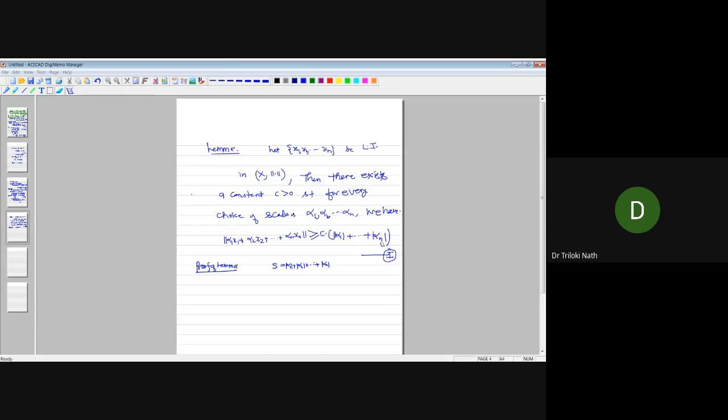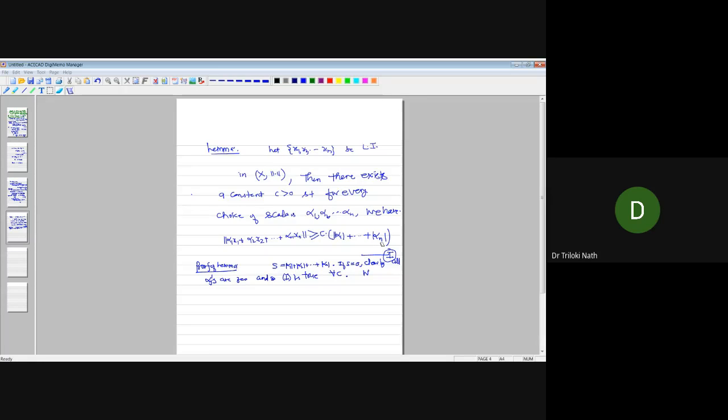If this sum is 0, meaning all the scalars are 0, then clearly all alpha j's are 0, and in this case equation 1 is true for all C, in fact.